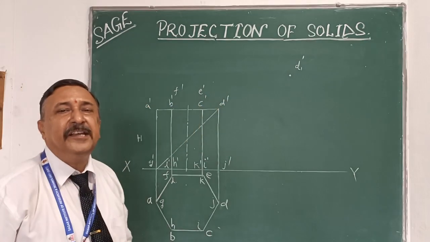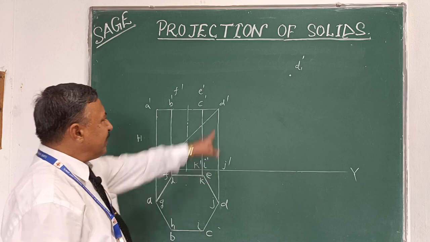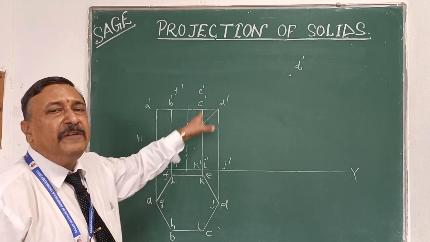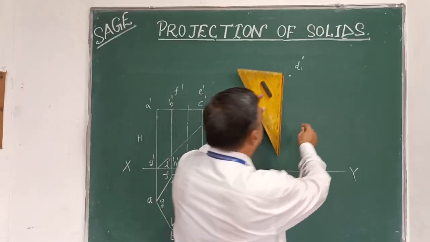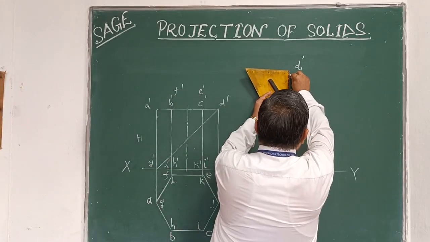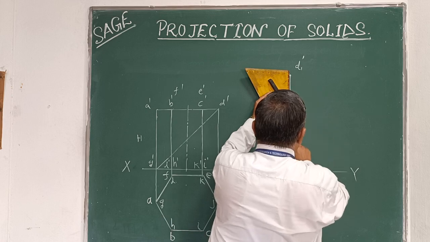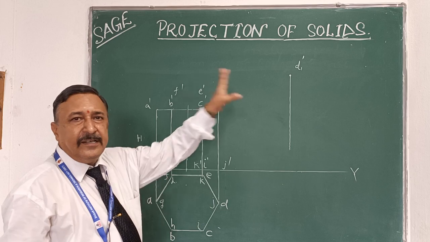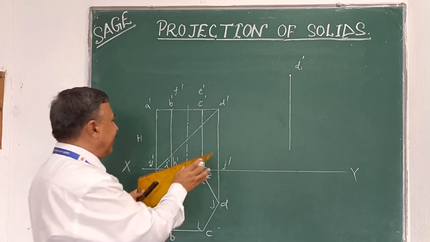Now start with D1 dash. First of all we have to draw this line. This should be vertical when the prism is freely suspended, so we have to make it vertical.